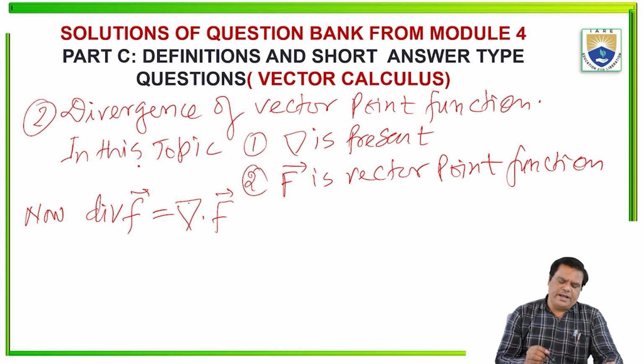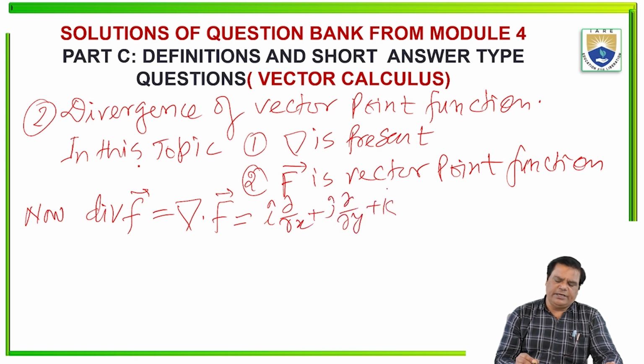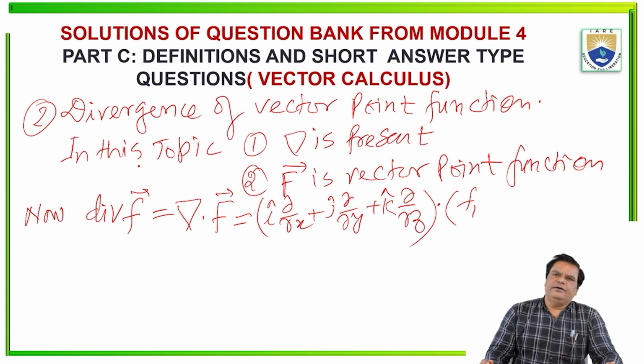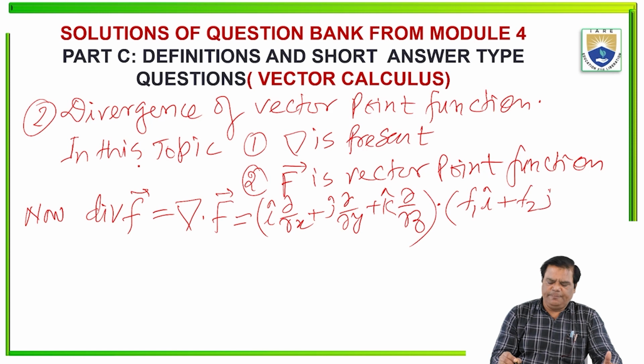This is in vector form. So here del is i dou over dou x plus j dou over dou y plus k dou over dou z, dot, and f is f1 i plus f2 j plus f3 k.